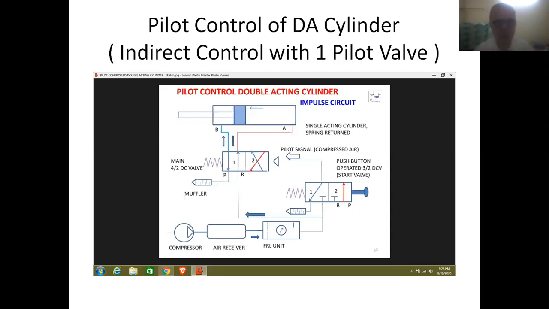And finally, friends, we can see the arrangement of a double acting cylinder. Generally, the piston rod will be placed on the right hand side of the cylinder. But in this arrangement, the piston rod is fitted to the left hand side of the piston.